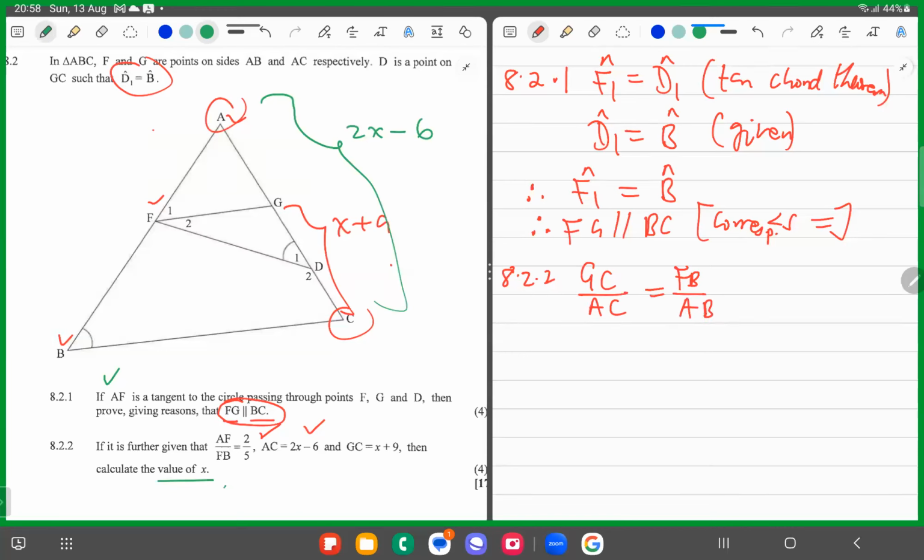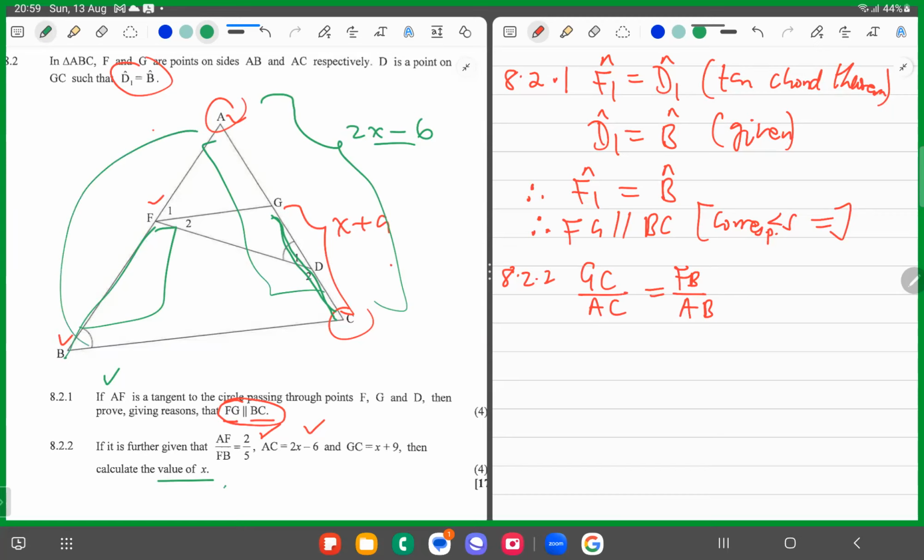This is ratio, similarity, and proportionality. Because we're given the sides here, we're going to use them. So for GC, you must take FB, and the AC part is the same as the AB part.